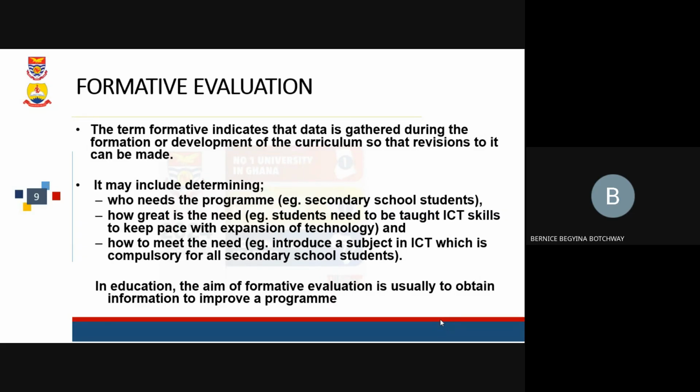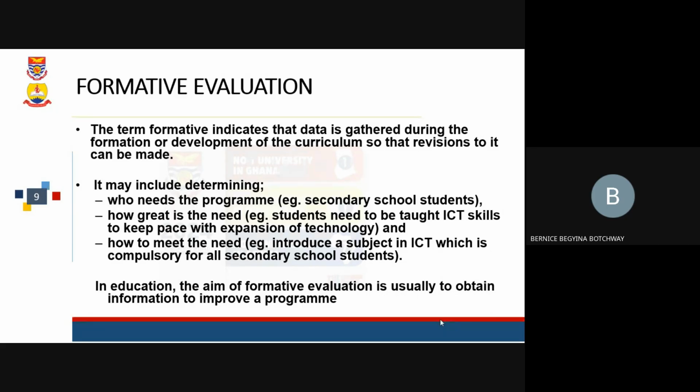The evaluation may include who needs the program, how great the need is, and how to meet the needs. These are some of the things they consider during the formative evaluation.